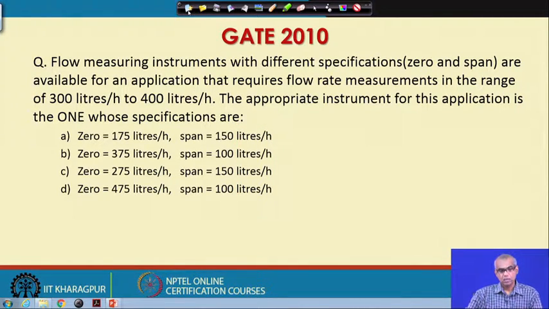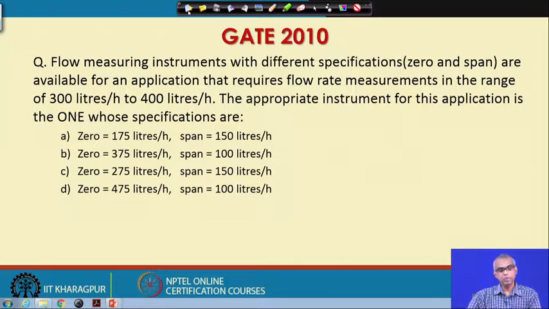So, the way to answer this question will be to look at the requirement for the flow measurement. The range is 300 liter per hour to 400 liter per hour.